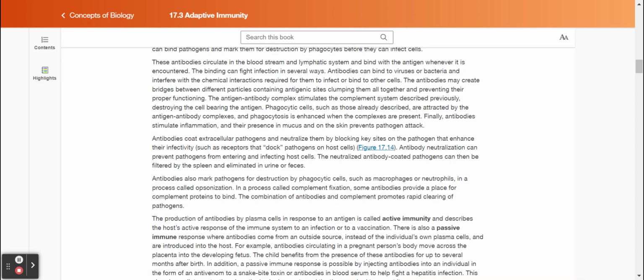The antigen-antibody complex stimulates the complement system described previously, destroying the cell bearing the antigen. Phagocytic cells, such as those already described, are attracted by the antigen-antibody complexes, and phagocytosis is enhanced when the complexes are present. Finally, antibodies stimulate inflammation, and their presence in mucus and on the skin prevents pathogen attack.